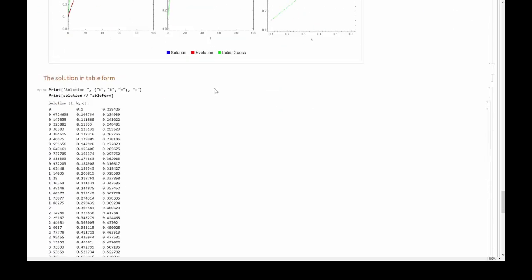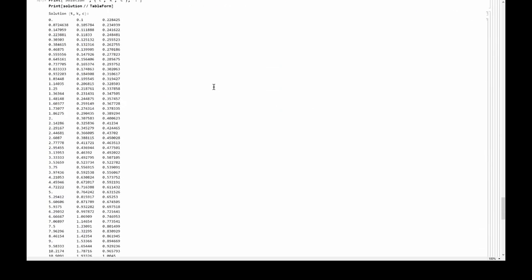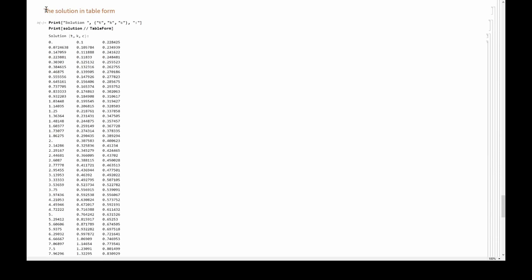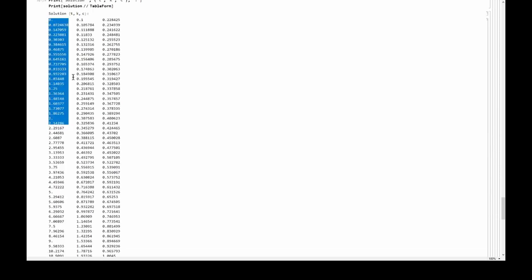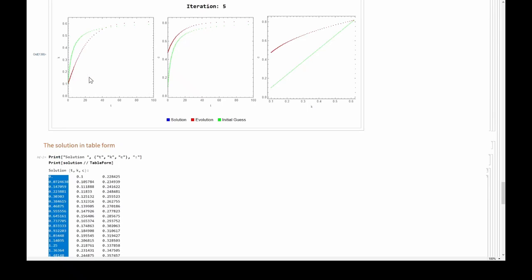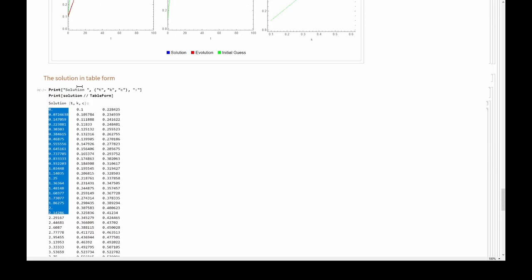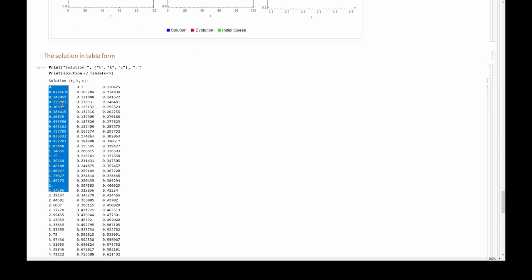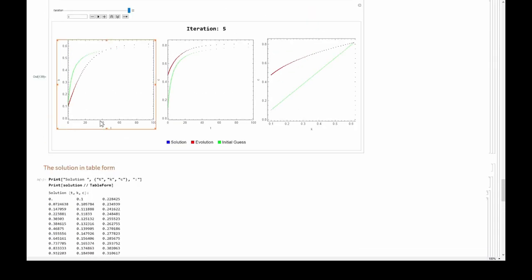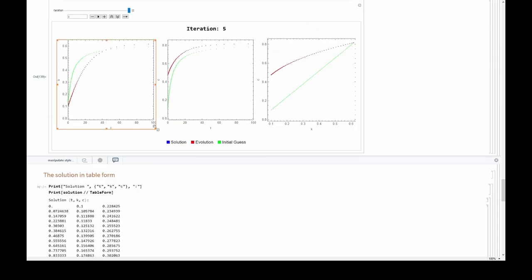So then you have another way to display the solution as the grid points here, right? The grid points that are now not mapped between 0 and 1 as it was here in the time, here T is between 0 and 100.